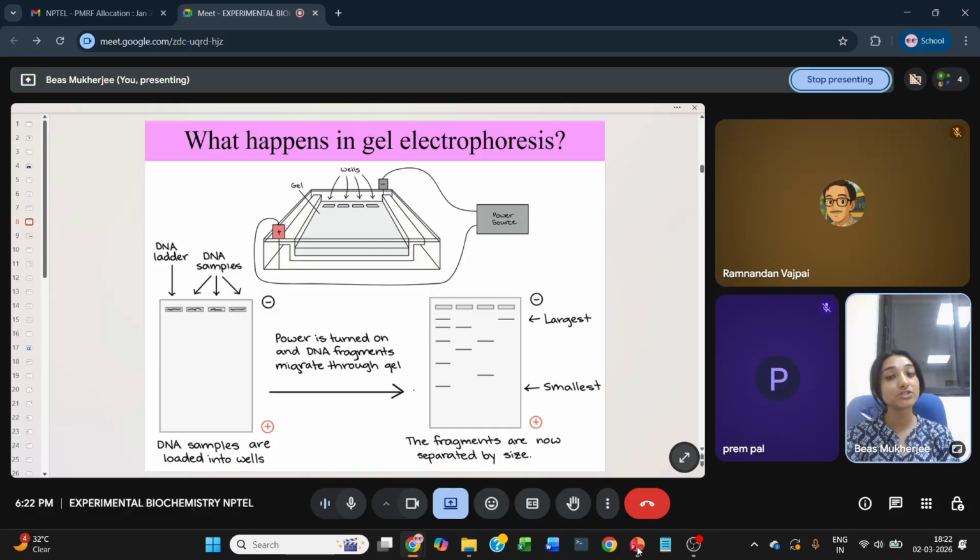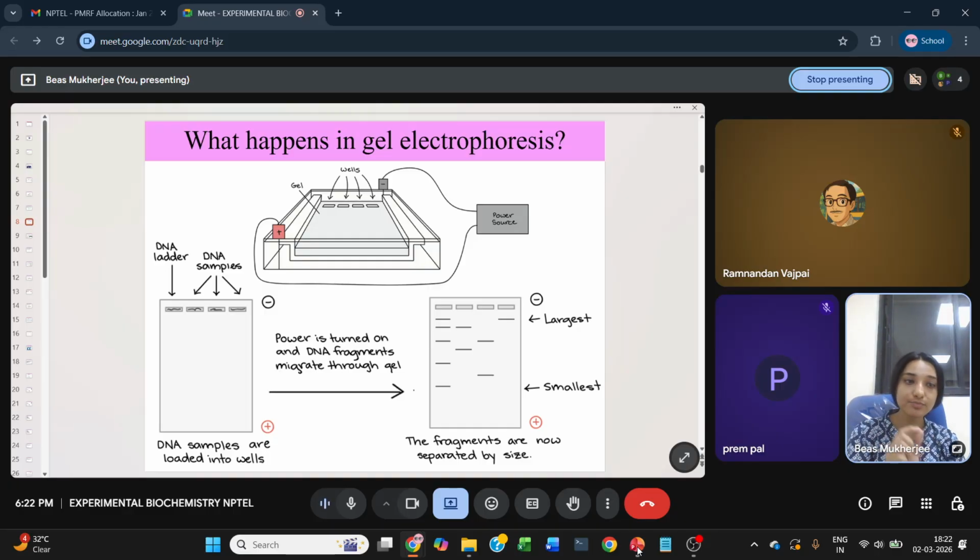Now what happens in gel electrophoresis? Whatever we talked about, we will just look at that once again. So there are these wells. Into the wells we put the protein or DNA sample. This is shown in the case of agarose gel electrophoresis, which is a horizontal technique, right? So the gel is put, there is this buffer tank, power source, and the DNA travels.